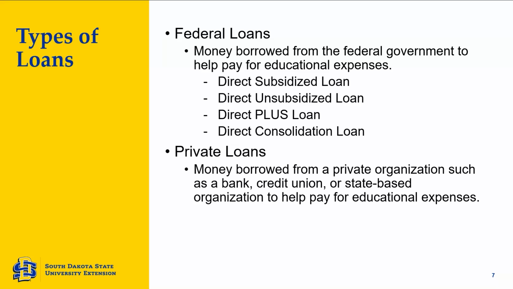They're unsubsidized, so the interest does accrue, and then once the student who has used these funds is done, the loan payment starts. And the direct consolidation loan is when you consolidate your direct loans, those federal loans, together. And as I've already mentioned, the private loans are borrowed from private organizations.